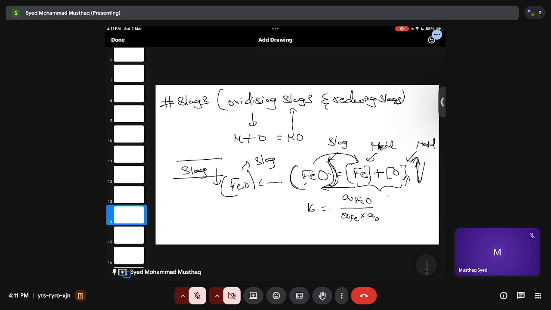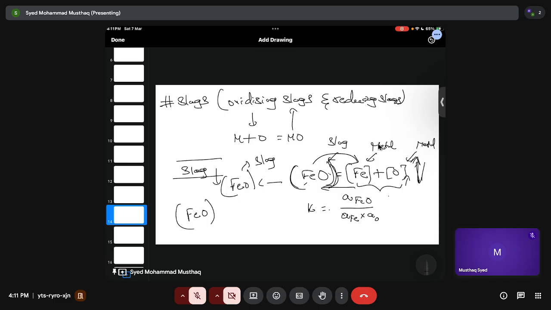Now, FeO in itself is a basic slag that can react with your acidic oxides, and it will form silicates.